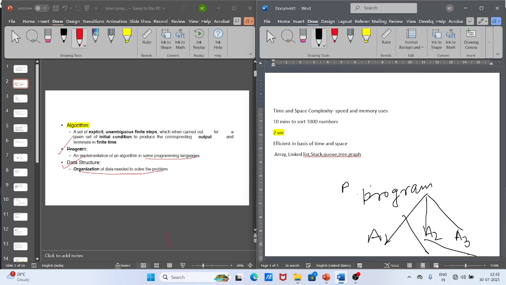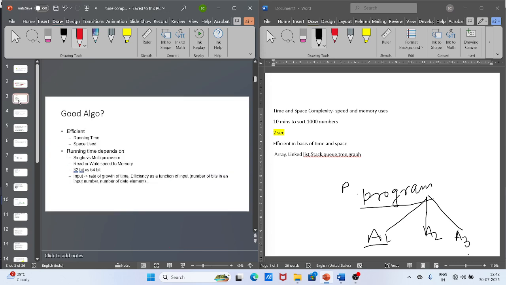We can solve this problem using many algorithms. But which one is good? How do we understand which one is good? A good algorithm is not just about solving the problem correctly.